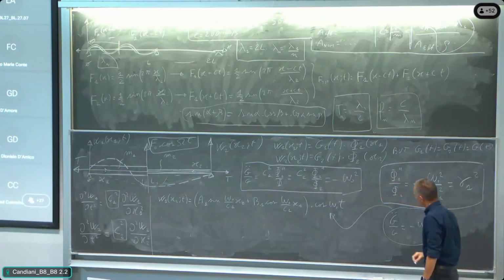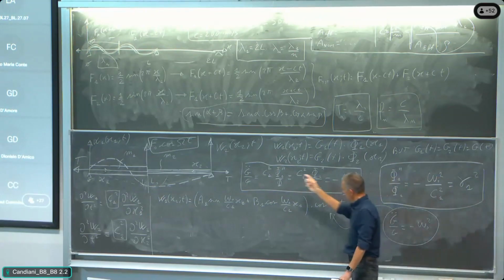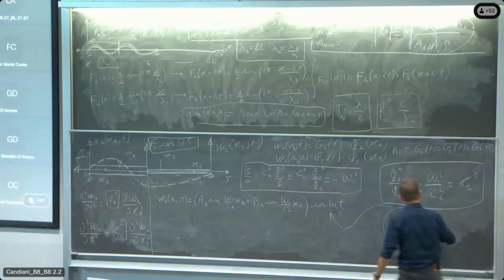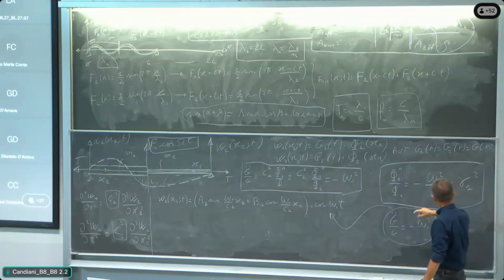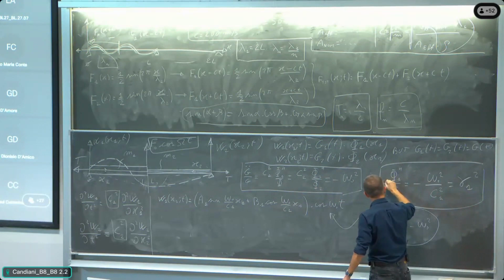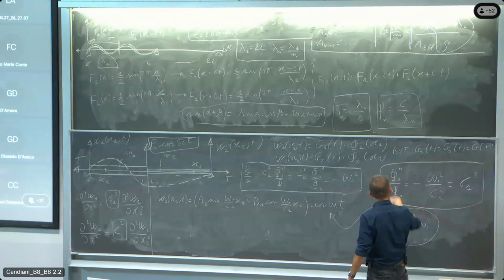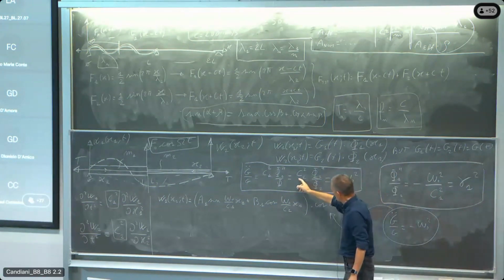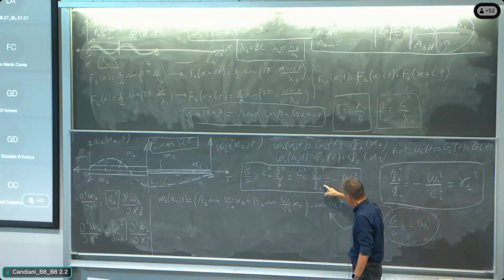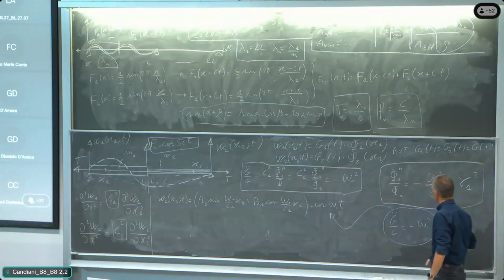All right. If we look at the second, that is C square phi second divided by phi equal minus omega 0 square.